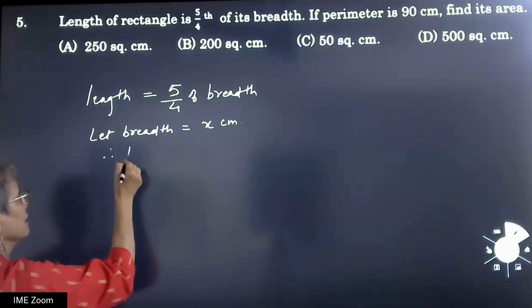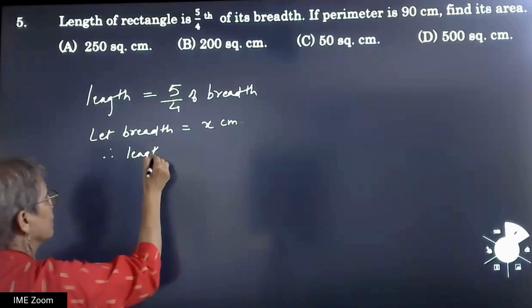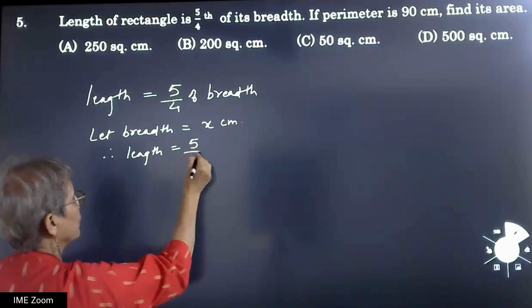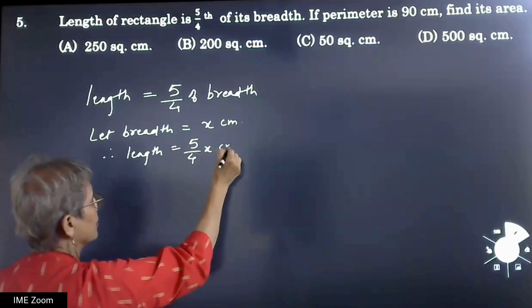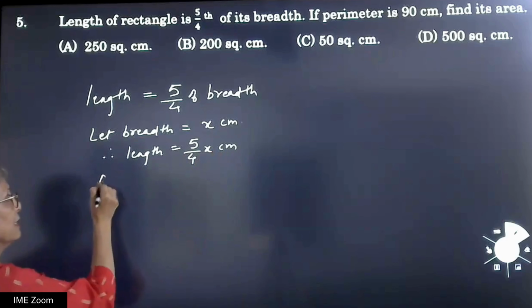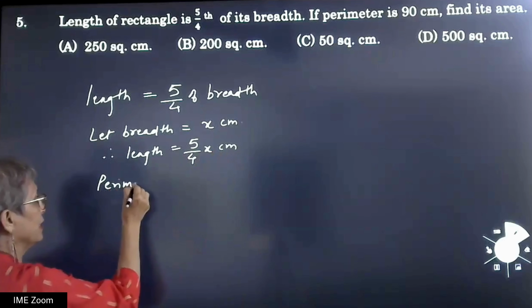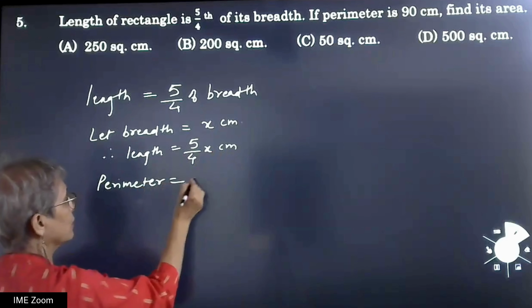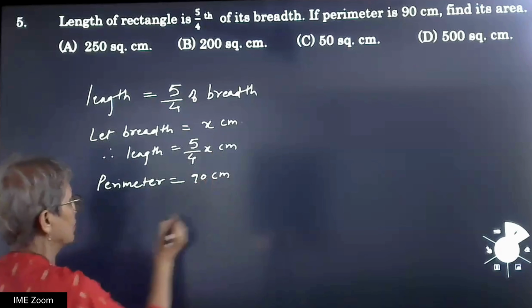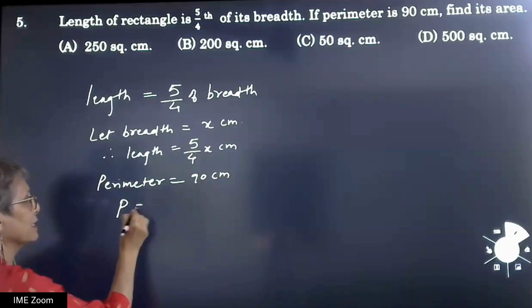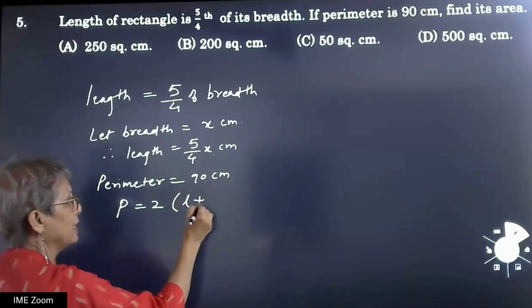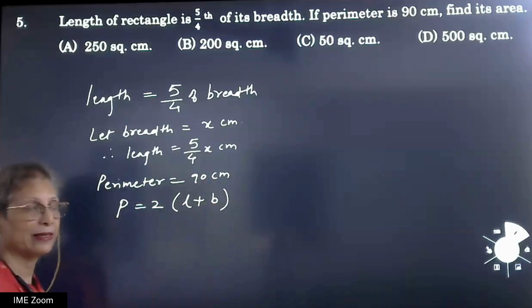Therefore, length equal to 5/4 x centimeters. Now perimeter is given. Perimeter equal to 90 centimeters. So let us use the formula. Perimeter is equal to 2 into (L plus B). Right?